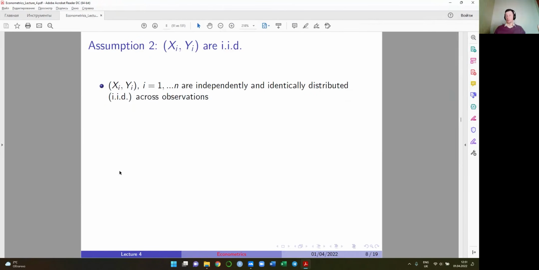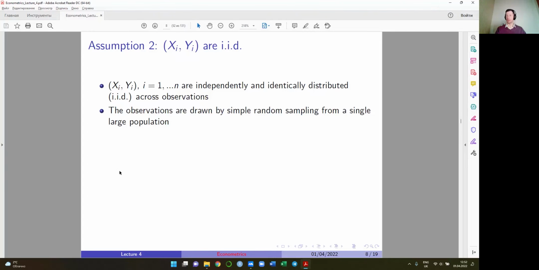Okay, so assumption number 2. It's something simple. We know this, just let's repeat. What does it mean that X and Y are independently and identically distributed across observations? So first of all, we believe that observations are drawn by simple random sampling from a single large population. Even for observational data, it's possible.